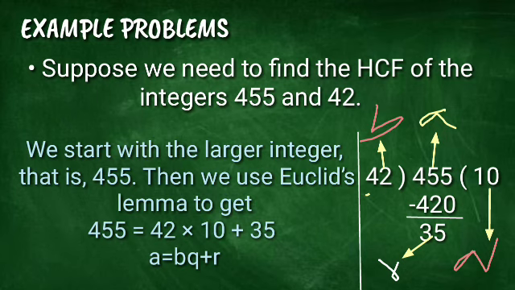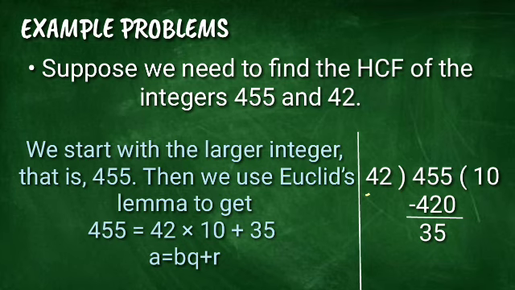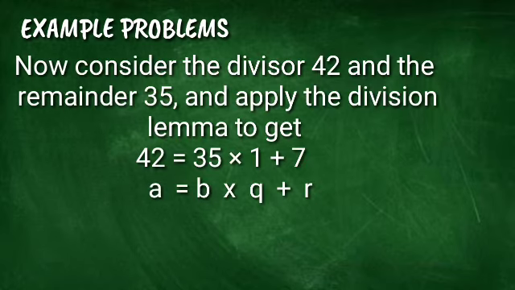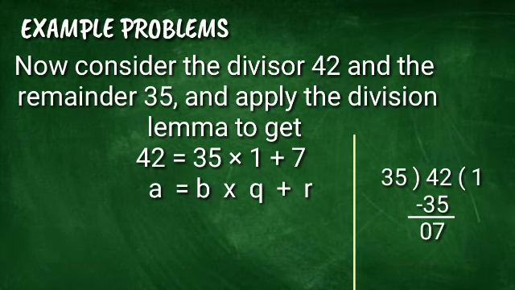Now apply it to the equation A is equal to BQ plus R. Substitute the A, B, Q and R values, that is, 455 is equal to 42 into 10 plus 35. We need to continue until the remainder is 0. So let us continue the process to find the HCF of 455 and 42. Now consider the divisor 42 and the remainder 35.